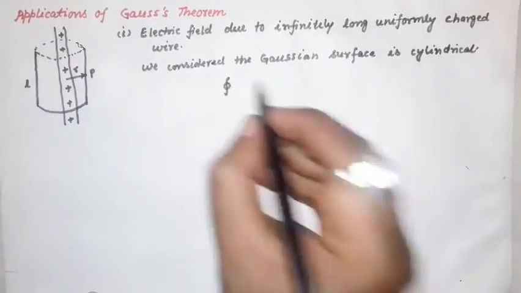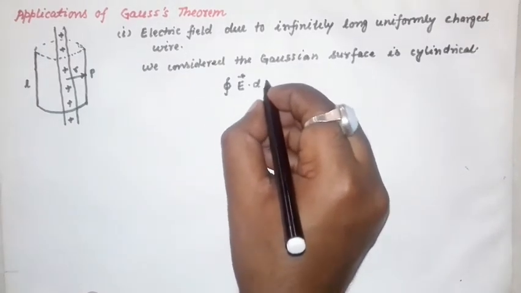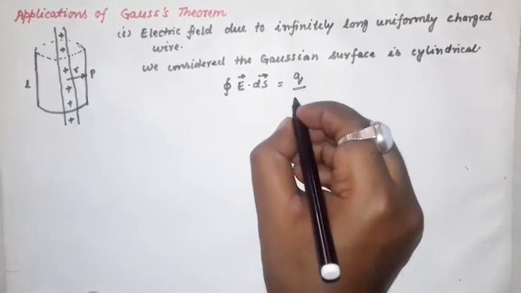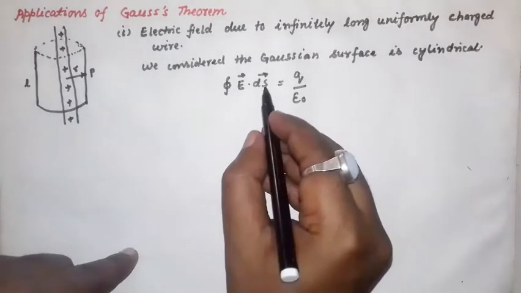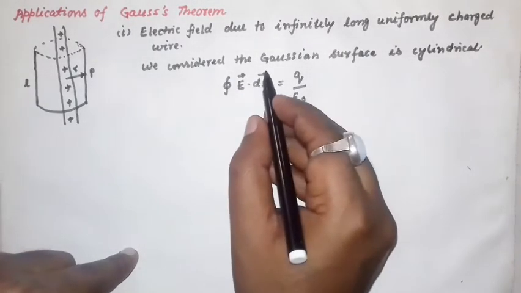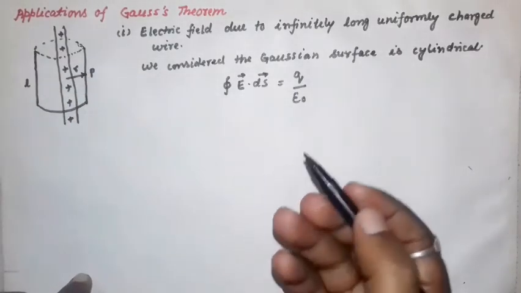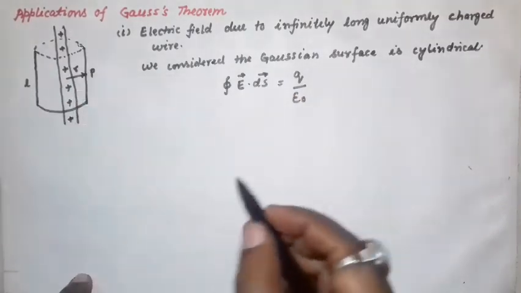The general form of Gauss law is given by surface integral of E ds is equal to q upon epsilon naught. So this is nothing but the total electric field flowing through this conductor wire.